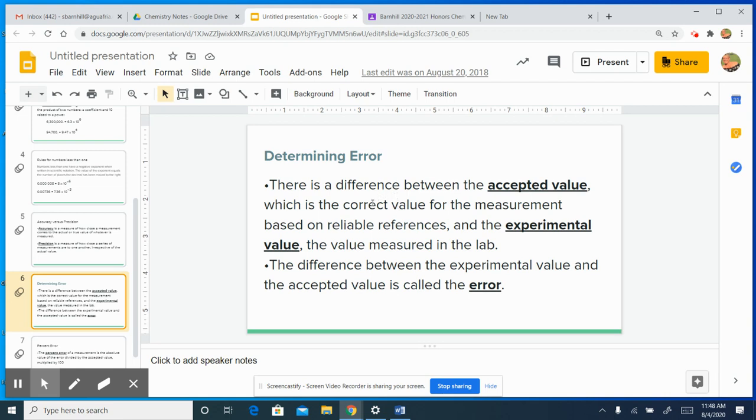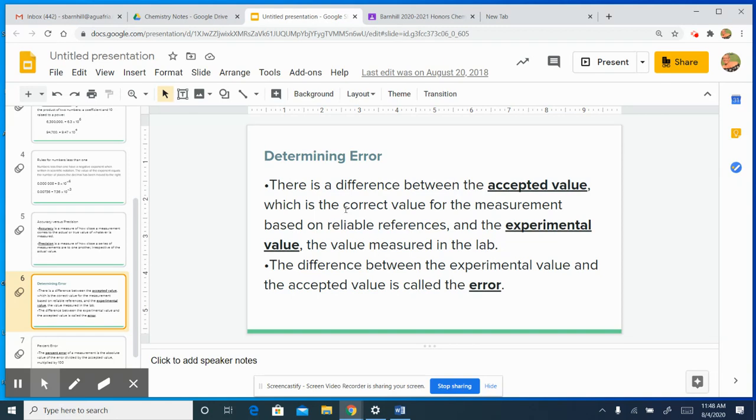And for chemistry, there is a huge volume of reference tables called the handbook of chemistry and physics, and that's considered the most reliable reference. And it's called the CRC. So that's where most of the accepted values are going to be held.